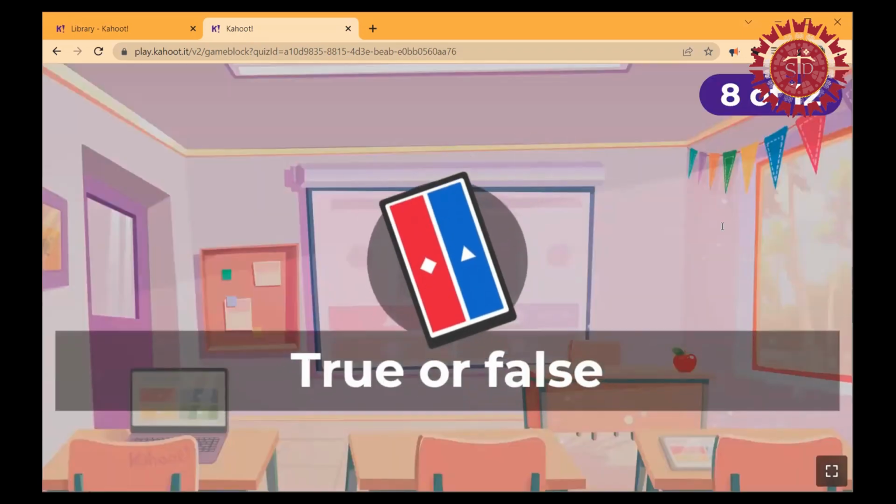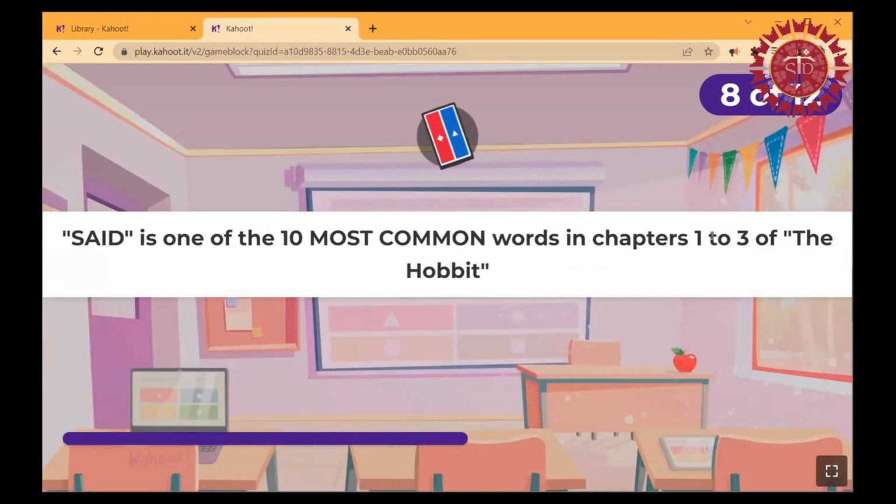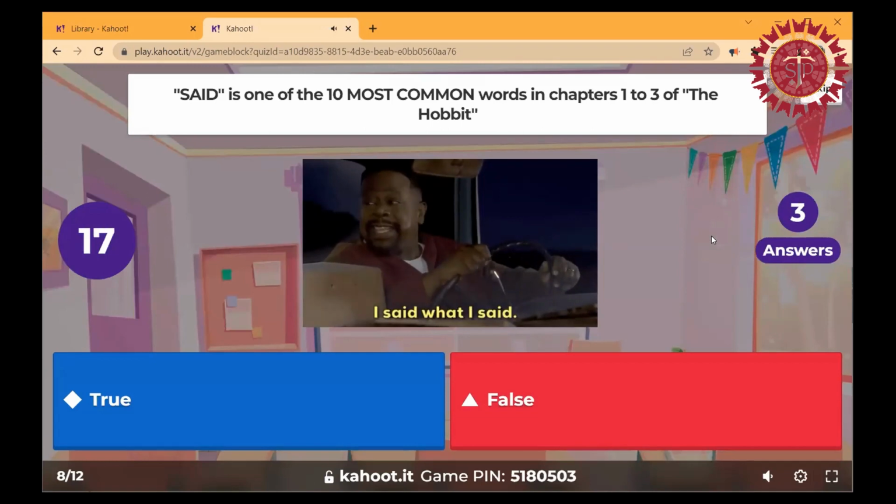Okay, another question, true or false? Set is one of the 10 most common words in chapters 1 to 3 of The Hobbit. The word set.